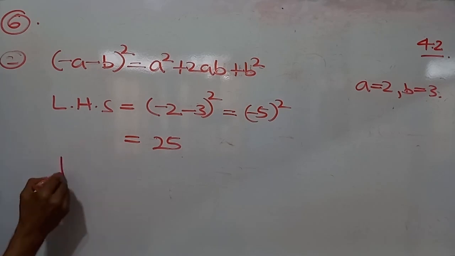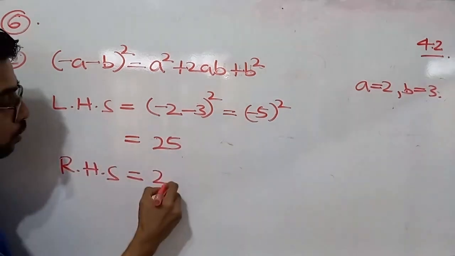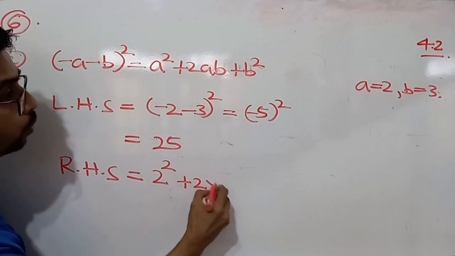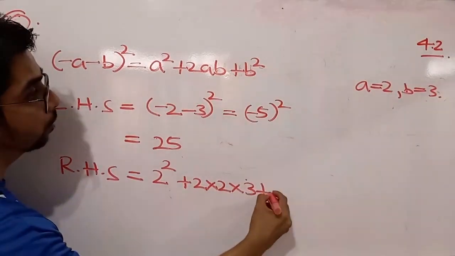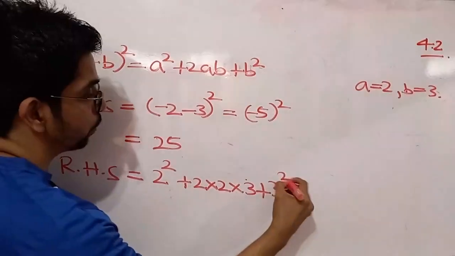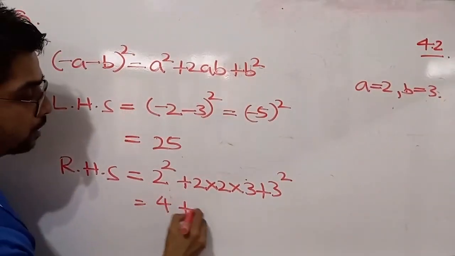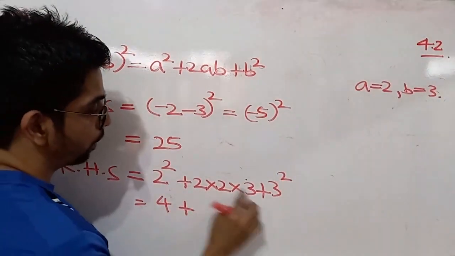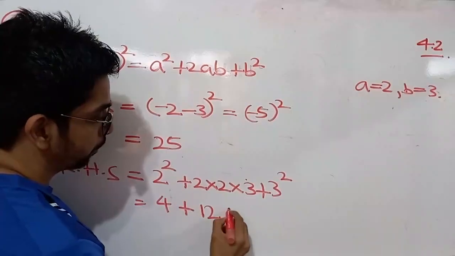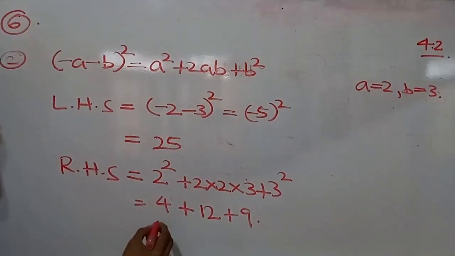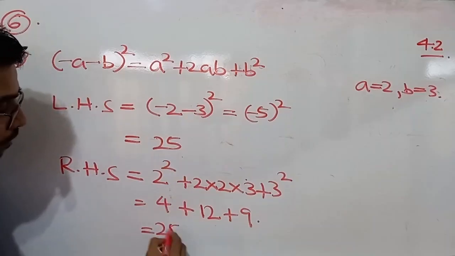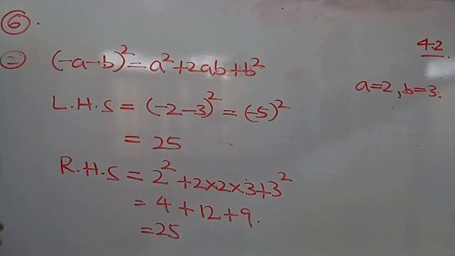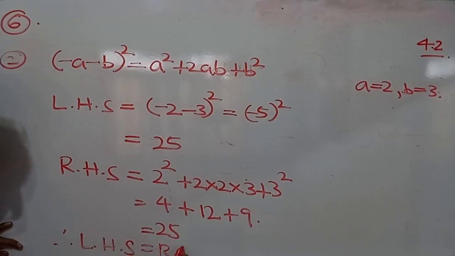Then the right hand side: a squared, that means 2 squared, plus 2, a is again 2, b is 3, plus 3 squared. So 4 plus 2 times 2, that is 4, 4 times 3 is 12, plus 9. So here we get 16, 16 plus 9 is 25. So we can clearly say left hand side is equal to right hand side.